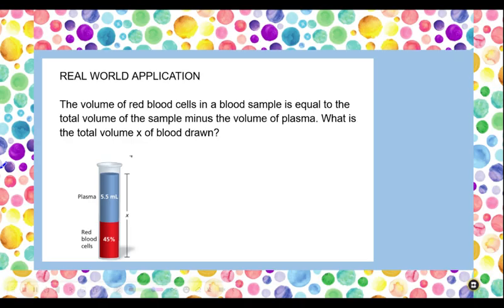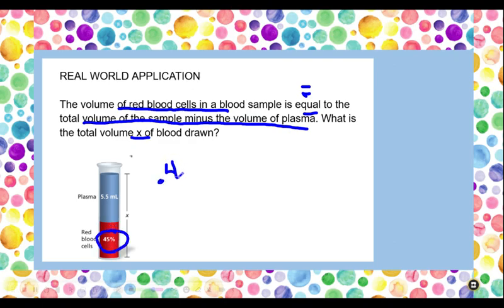Okay, let's try a real world application. The volume of red blood cells in a blood sample is equal to the total volume of the sample minus the volume of plasma. What is the total volume X of blood drawn? So I see the red blood cells 45%.